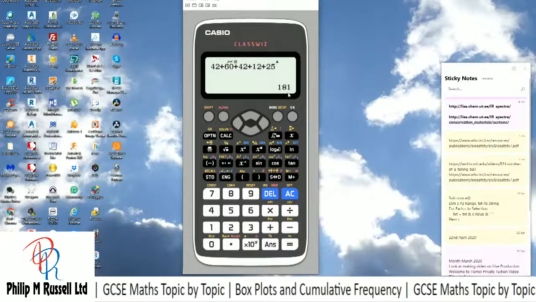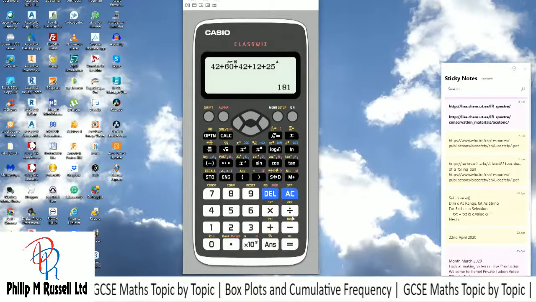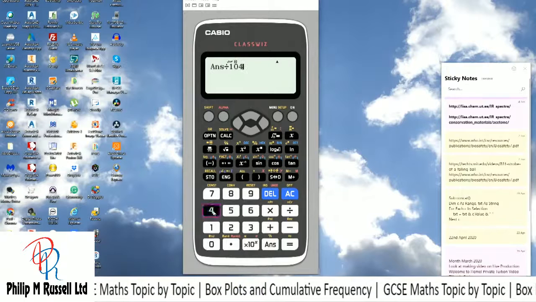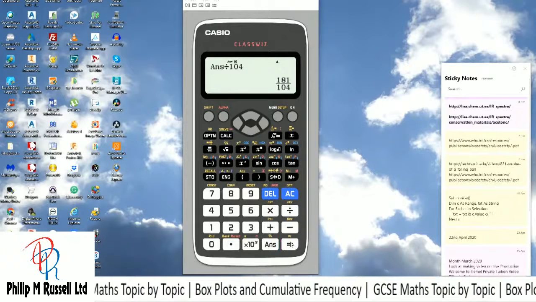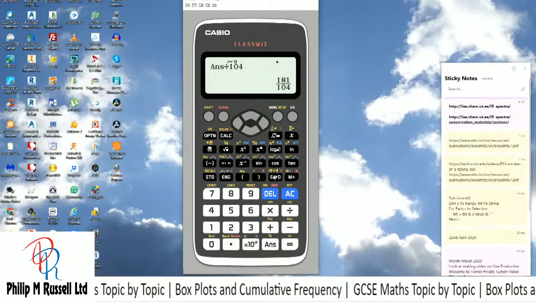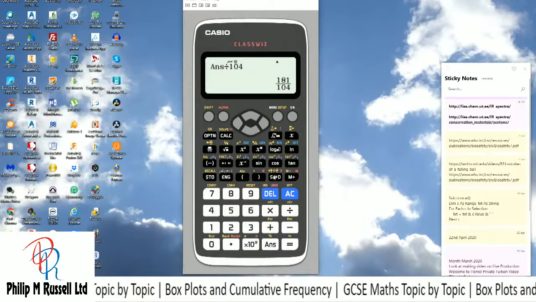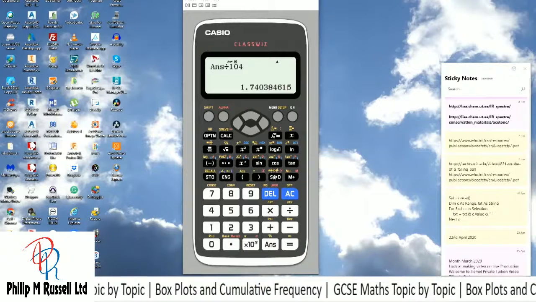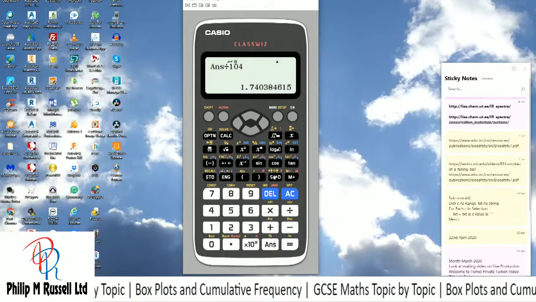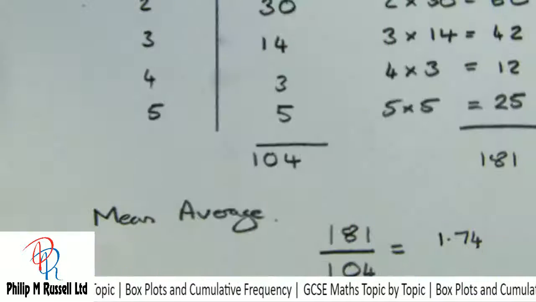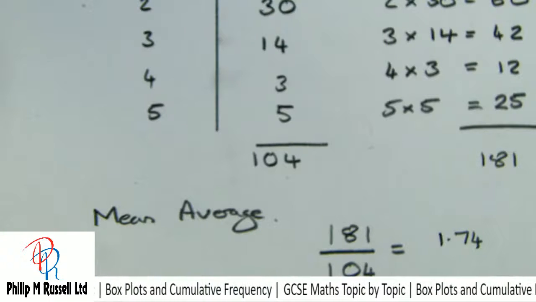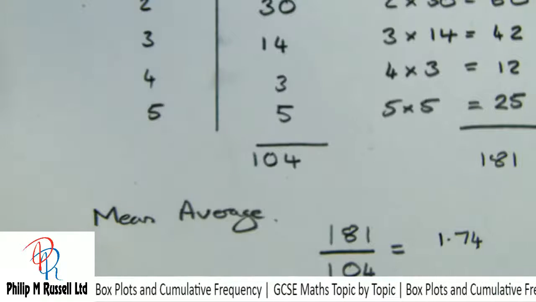So here is our 181, and we're going to divide that by my previous answer, 104, and that gives me a lovely fraction. 181 over 104 was what I started with. Turn that into 1.74 children. So we've got an answer there of our mean average.